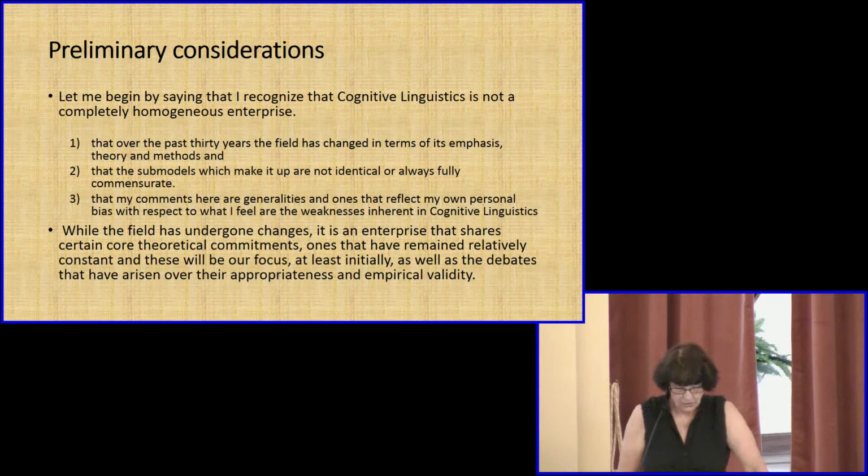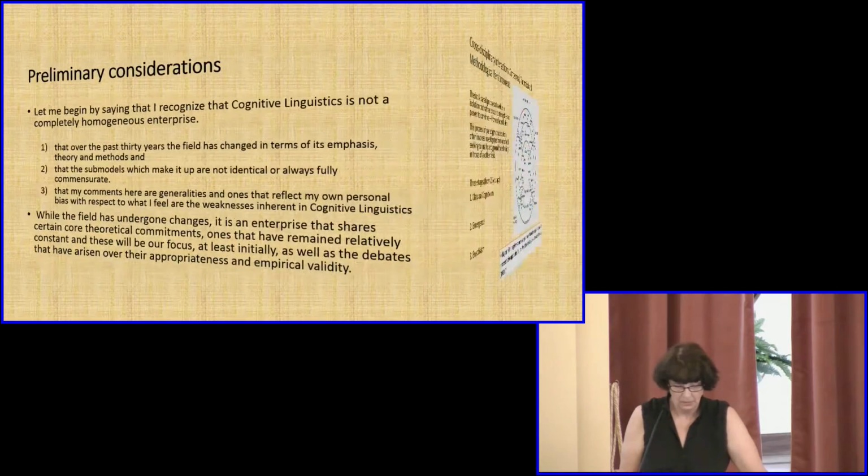While the field has undergone changes, it is an enterprise that shares a certain core set of theoretical commitments, ones that have remained relatively constant, and these will be our focus, at least initially, as well as the debates that have risen over their appropriateness and empirical validity.